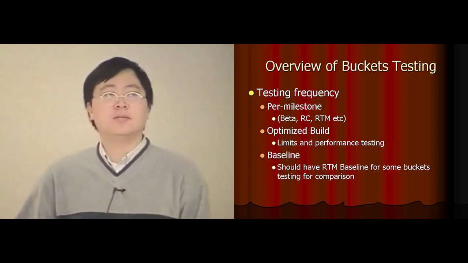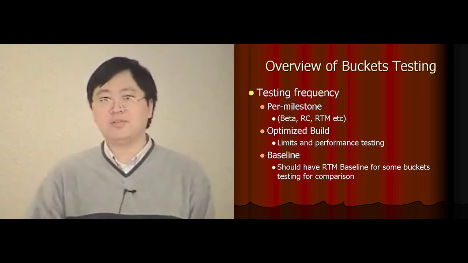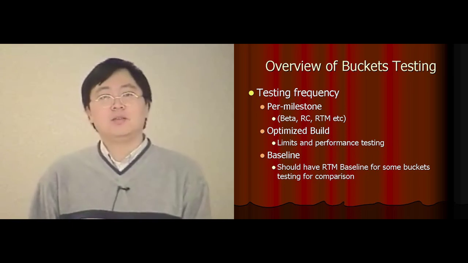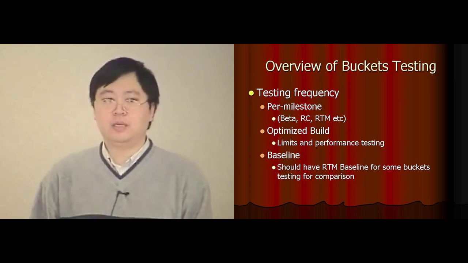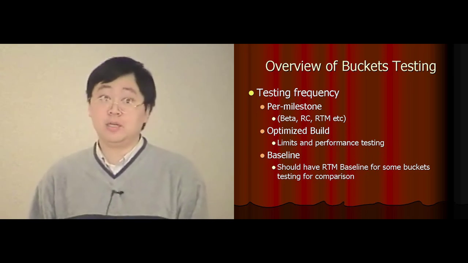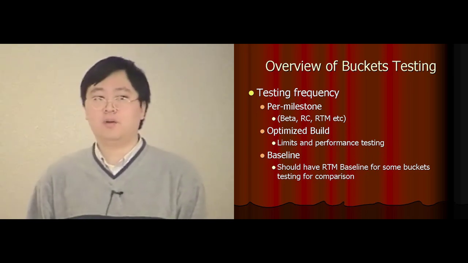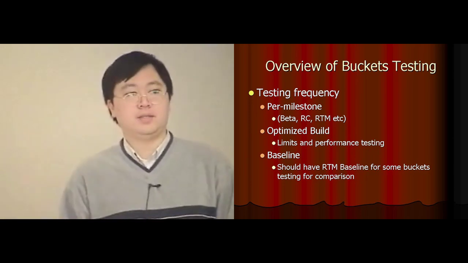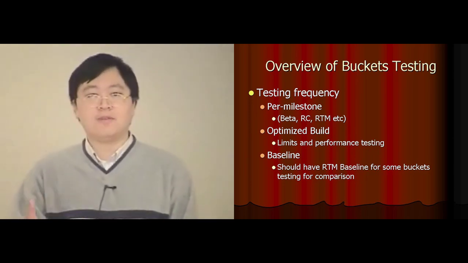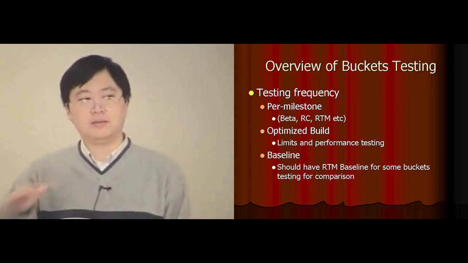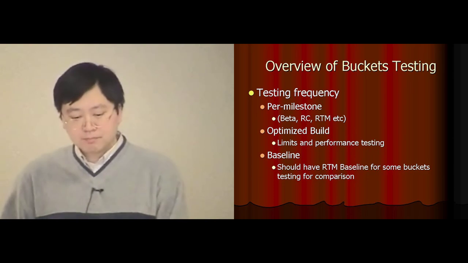You don't test how the performance looks for every build that comes. Some tests you cannot even execute because some performance tests need an optimized build. In a normal build, you cannot run performance tests because the build itself is not optimized, so the data you get will not match the baseline you get from our team.